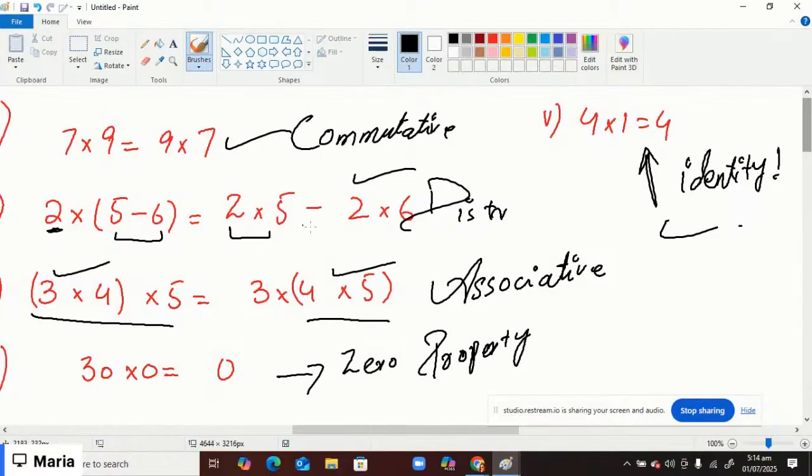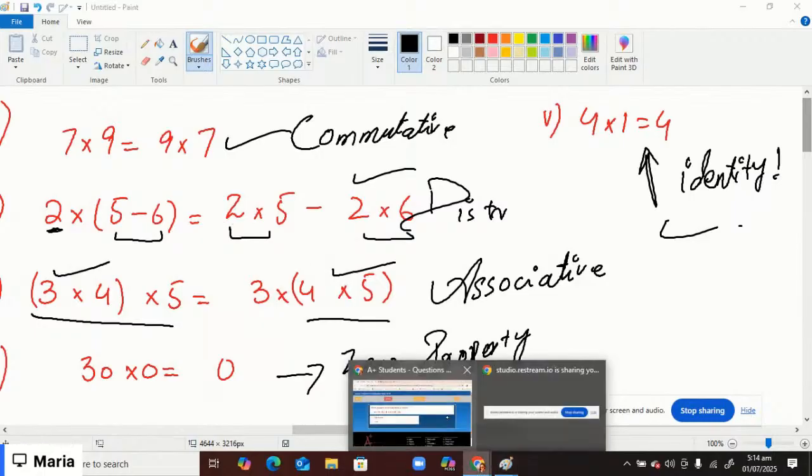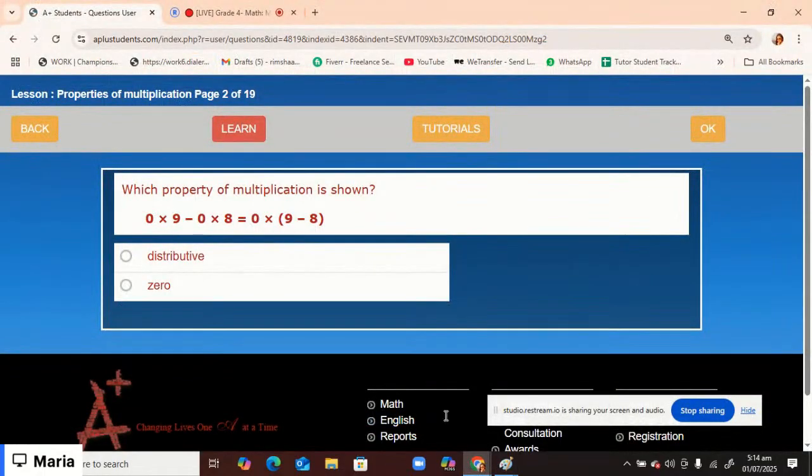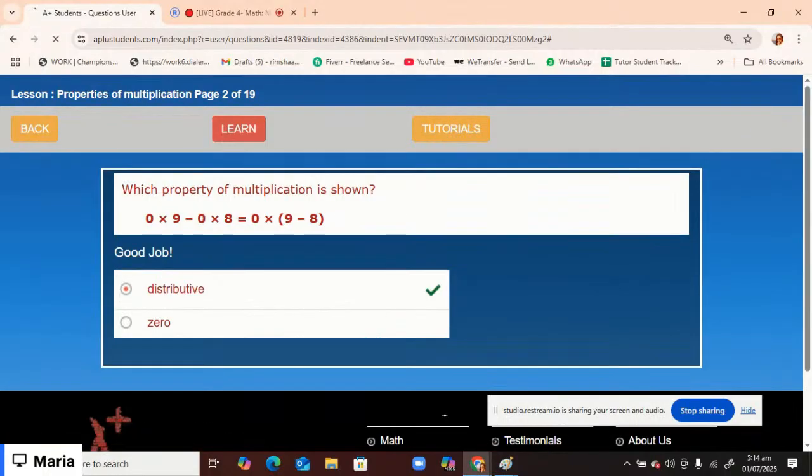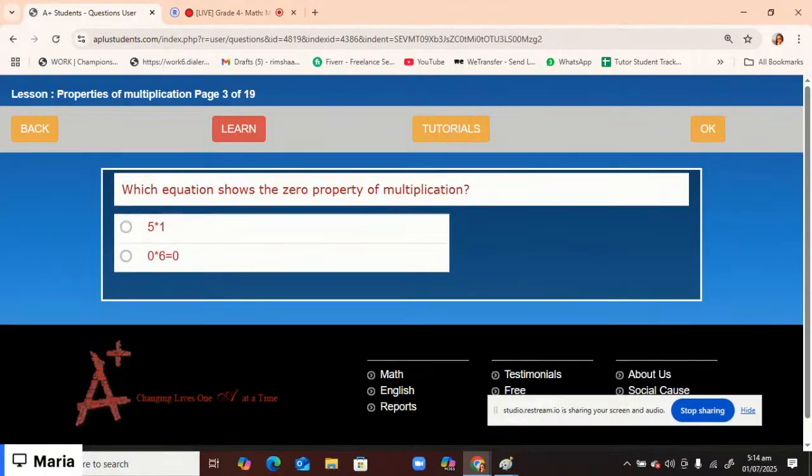Then you multiply it with both digits and put the sign between them. So here is the same thing. 0 is multiplied with 9 minus 8. Then 0 times 9, minus 0 times 8. This is one kind of distributive property. It's not the zero property, because the zero property is just multiplying something by 0, then you get the answer 0.